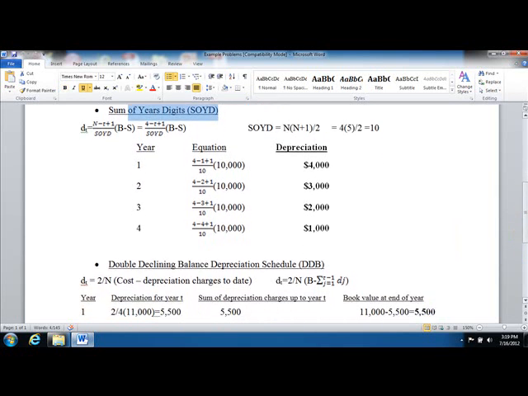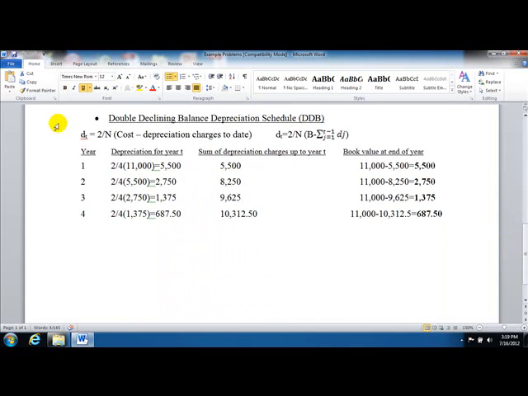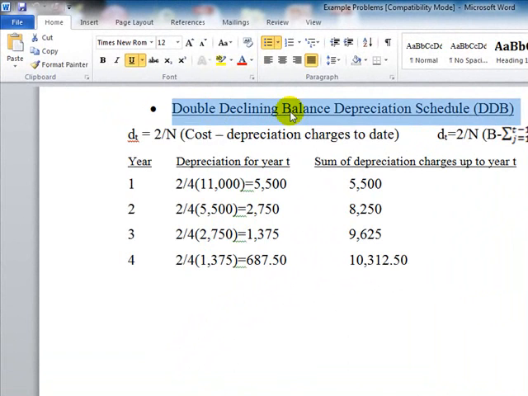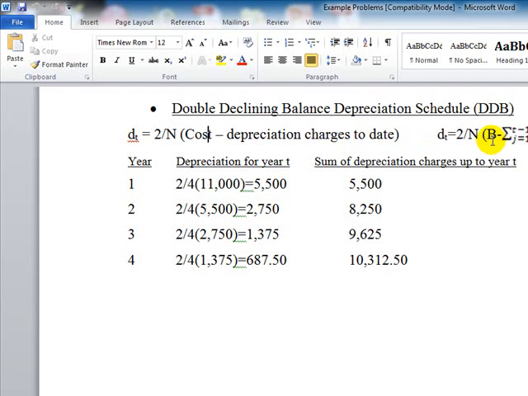Now the last method is the double declining balance depreciation schedule. This is also very interesting. Again, in the book you will find a lot of information on this methodology, but in this video I am going to only talk about the formula that we need to solve this problem.